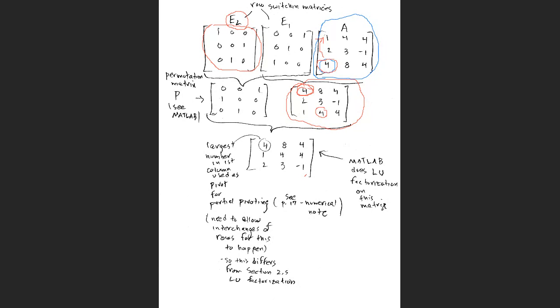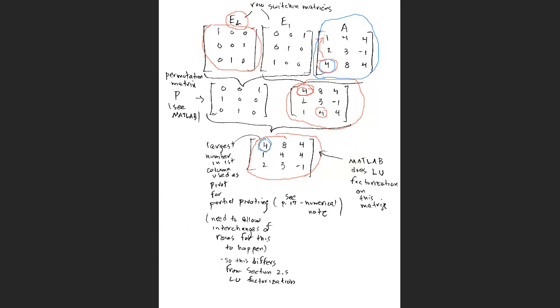So you have 2 row switching matrices that put this matrix in the best possible form to reduce round-off error. In the first column, the pivot 4 is at the top, and it's greater than the numbers below it, 1 and 2.